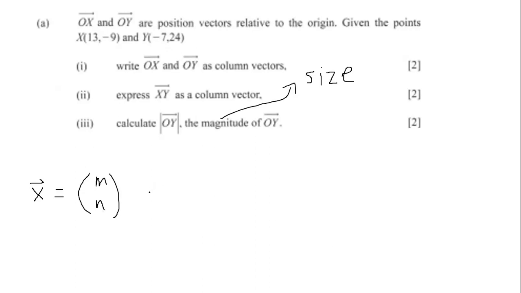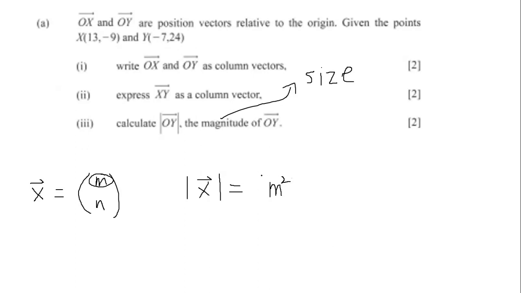So then this means that in order for us to find the magnitude of the vector x, notice how we will do it. What we'll do is we'll take the first entry, which is m, and we're going to square that entry. What that means is we're going to say m times m.